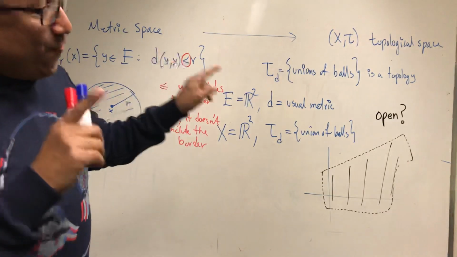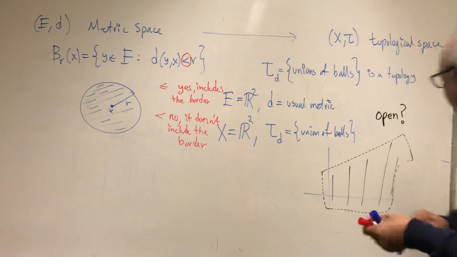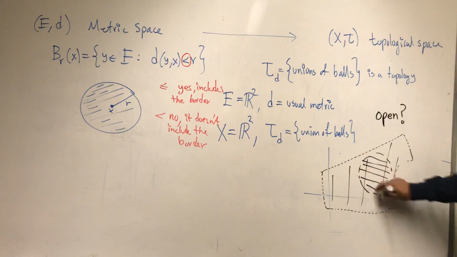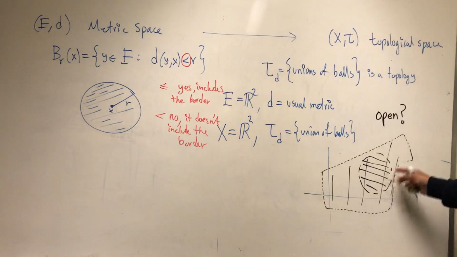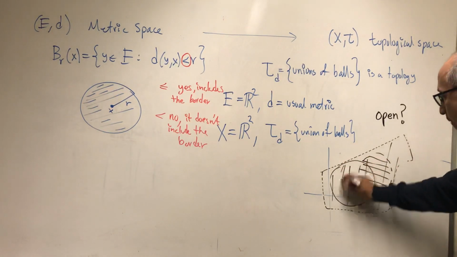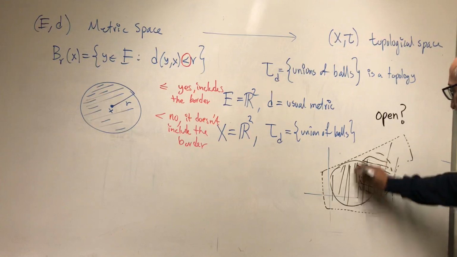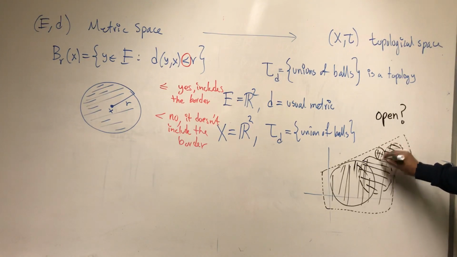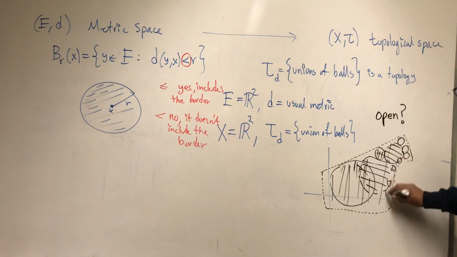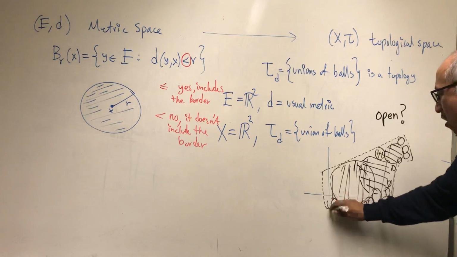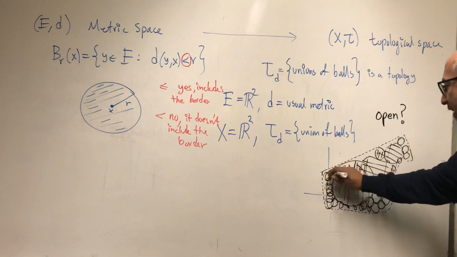Oh, come on, wait a second. There are balls inside, look. Here is a ball. Can you draw more balls so that this object is the union of balls? Yes, I'm going to draw a big one right here, and another one right here, of course without the border. More.